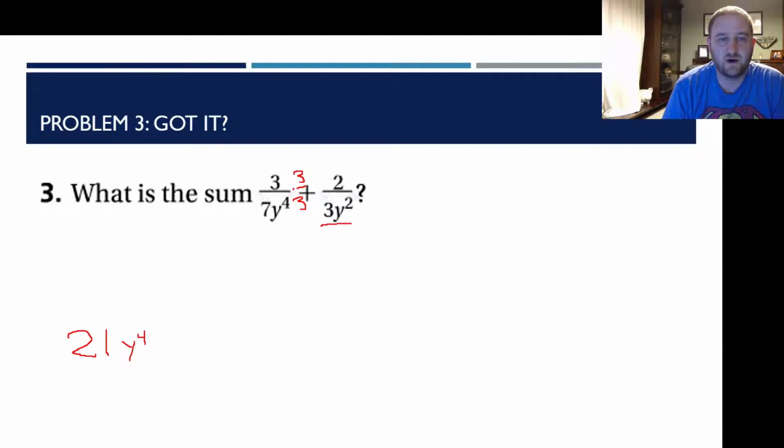Okay, for 3y squared, 3 times 7, so we're going to multiply top and bottom by 7, and then y squared times y squared equals y to the fourth. So we're going to multiply this top and bottom by 7y squared. Okay, all right, now 3 times 3 is 9, and then 7y to the fourth times 3 is 21y to the fourth.